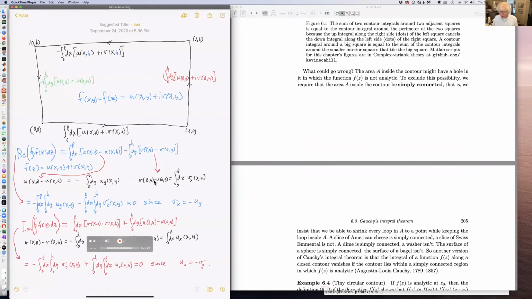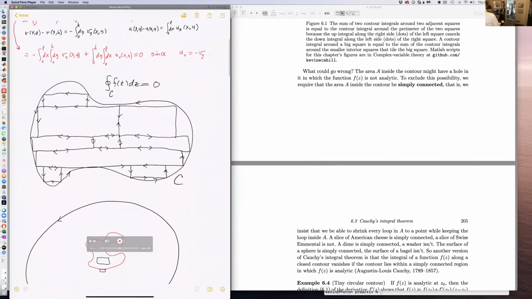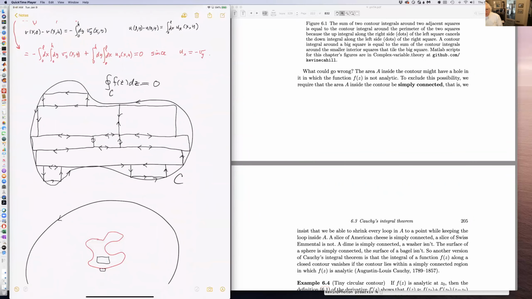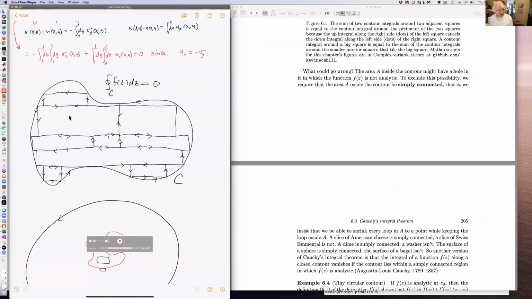Here I just proved it for a particular class of rectangles. But since it works for any rectangle, you can put a bunch of rectangles together, and all the integrals along the interior edges cancel, and what's left over is just the integral along the perimeter.